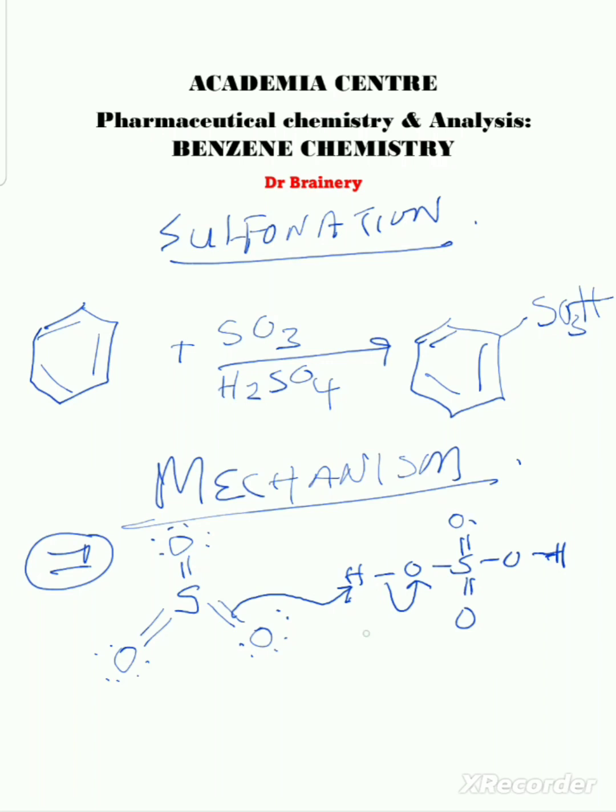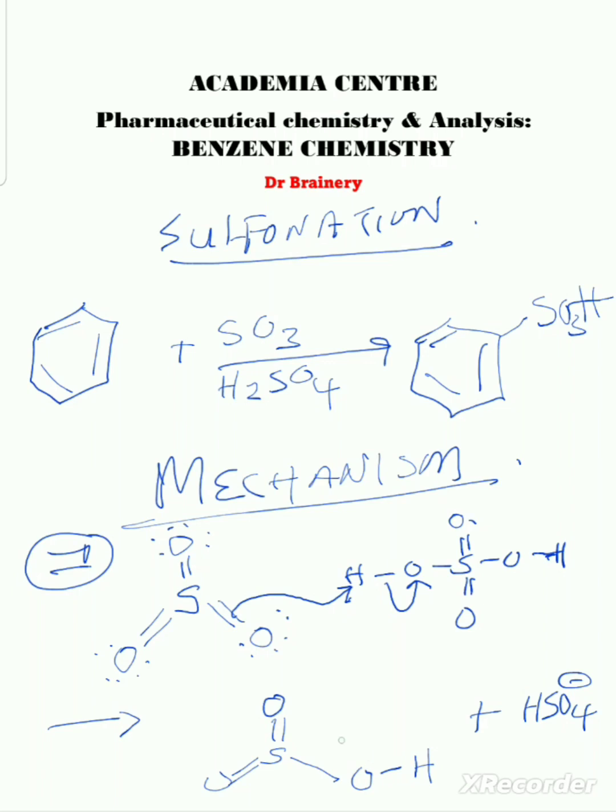So what we are trying to do is grab this hydrogen, and here we are going to have this, something like this. Plus, when it has lost hydrogen, it's going to be like this, which will be the base at that particular time.